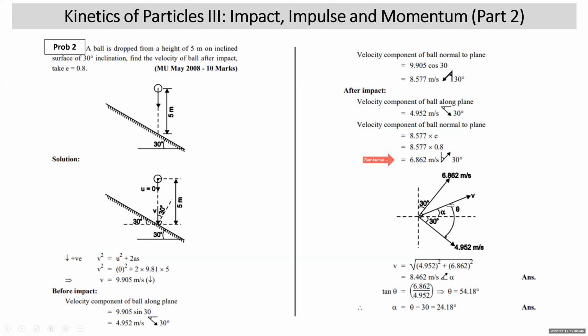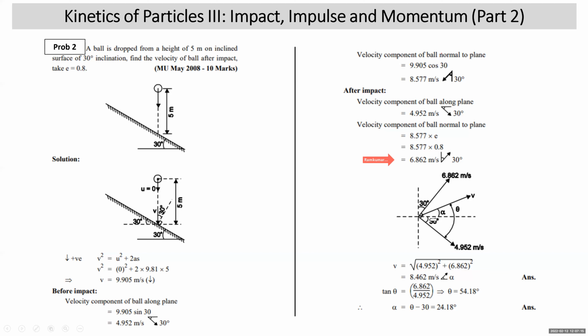We consider its angle, what it makes with the direction of plane, is theta. Tan theta is going to be 6.862 upon 4.95. Theta is 54.18. But when we give the answer, the normal practice is to give the angle either with horizontal or with vertical. Theta is the inclination of the resultant velocity with the plane, or with the component along the plane. But we want it with horizontal.